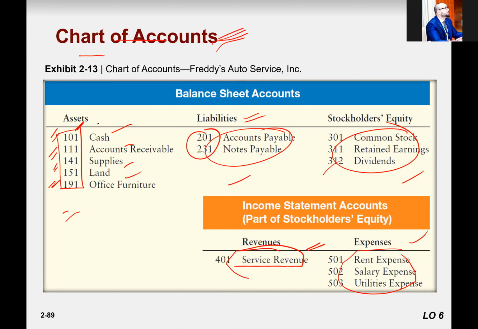Or if you are using the computer, rather than using the search button and writing down cash, just write 101 and press enter, and the cash account will open. So these are basically the codes for the accounts.